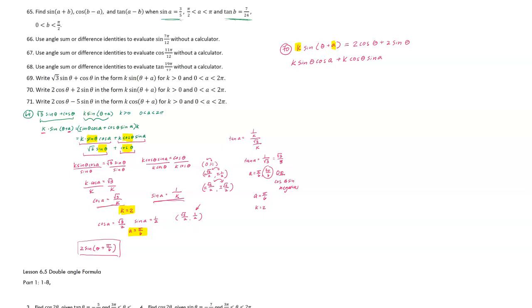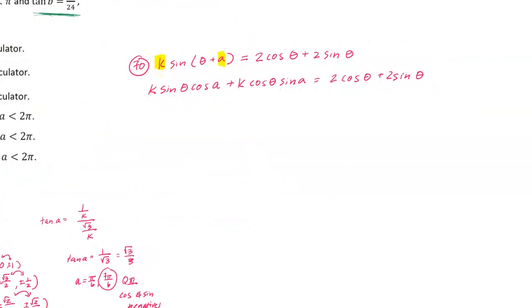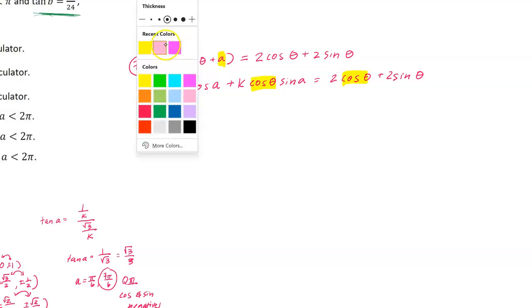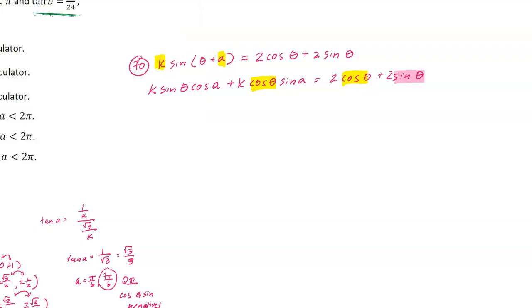Okay, so if I compare the left-hand side and the right-hand side, I notice that we have a cosine of theta here and a cosine of theta, and we have a sine of theta and a sine of theta. So in order for these to match up, I am going to rewrite this using the commutative property like this, so that they match up.